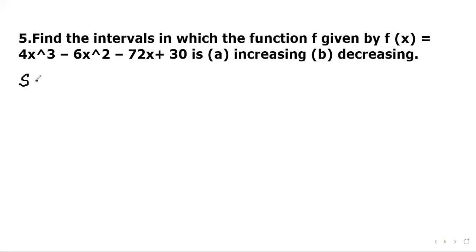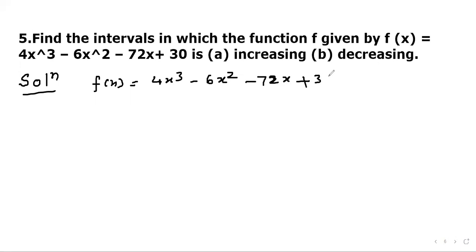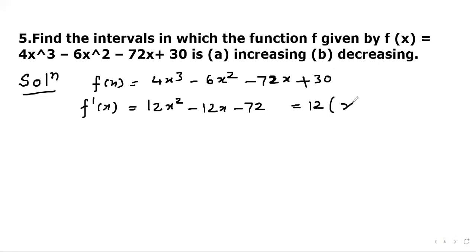Let's see the solution. f(x) is given by 4x cubed minus 6x squared minus 72x plus 30. f dash x will be 12x squared minus 12x minus 72. So we can take 12 common: 12 times x squared minus x minus 6.